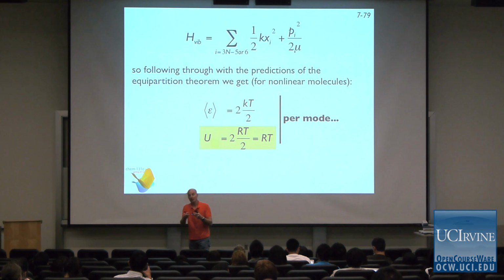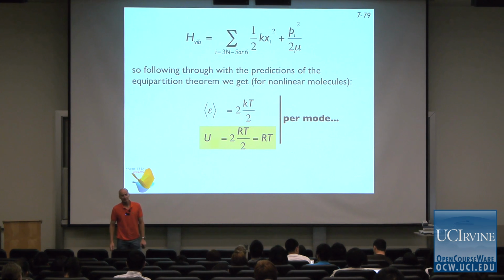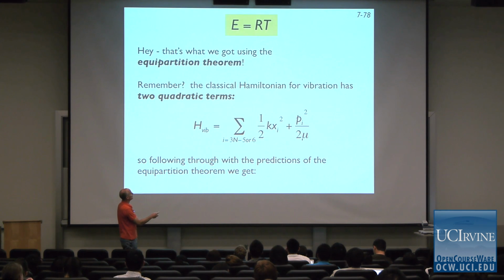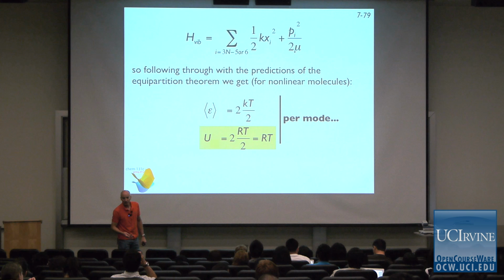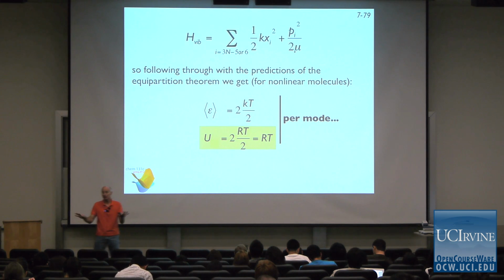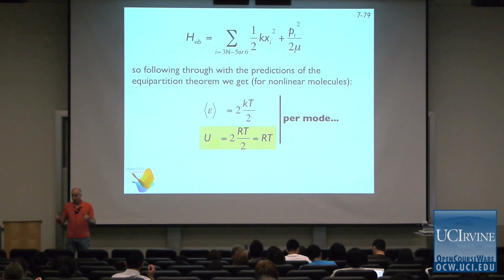So we've got 3R over 2, or 5R over 2, 7R over 2. Remember this? Well, it turns out this was right. It's the high temperature limit. If you take the partition function and you look at the high temperature limit, you get the equipartition prediction for the contribution to the heat capacity and the contribution to the internal energy.